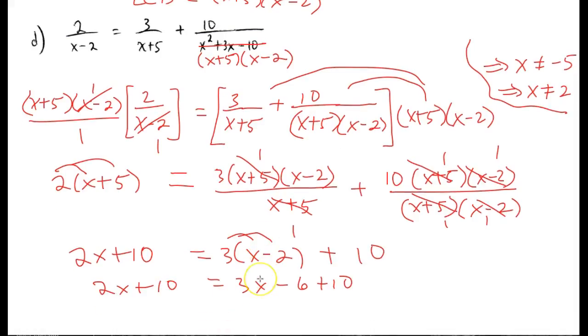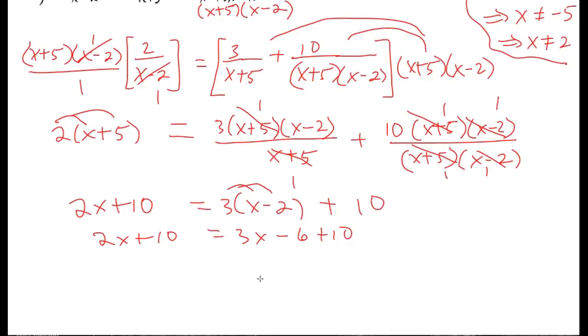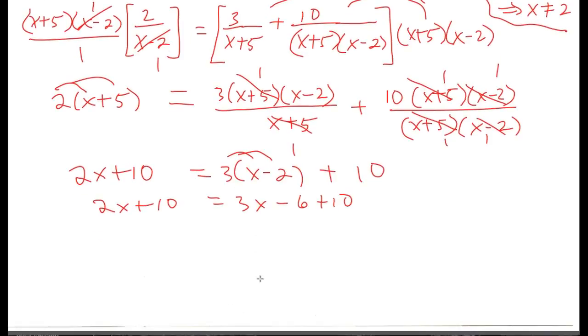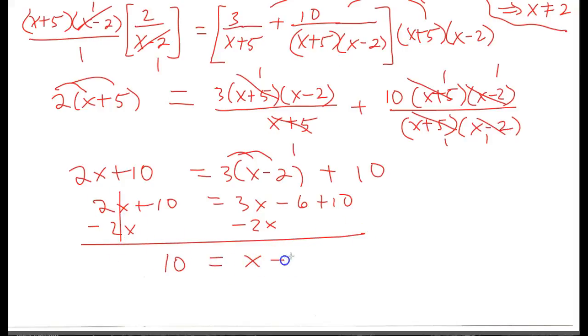So now from that point, we can go ahead and finish up. And so here we know that we can subtract 2x from both sides, and we can cancel here. That'll just be x minus 6 plus 10.